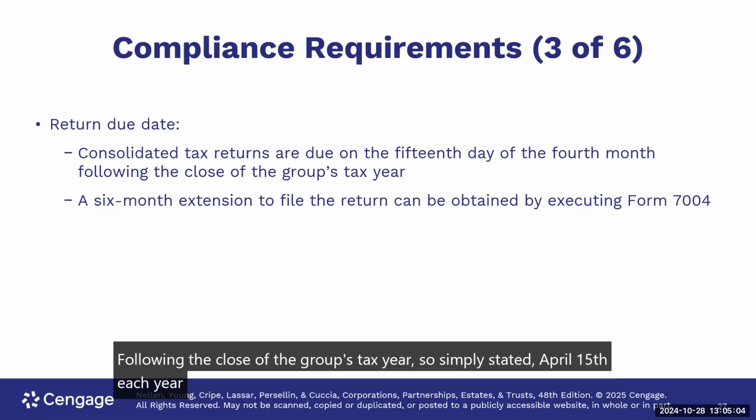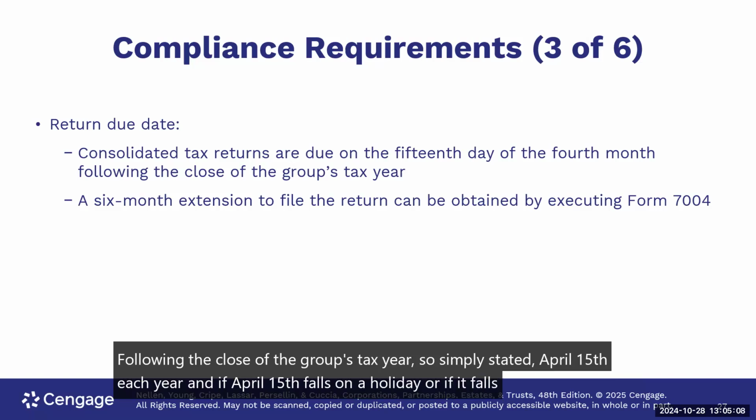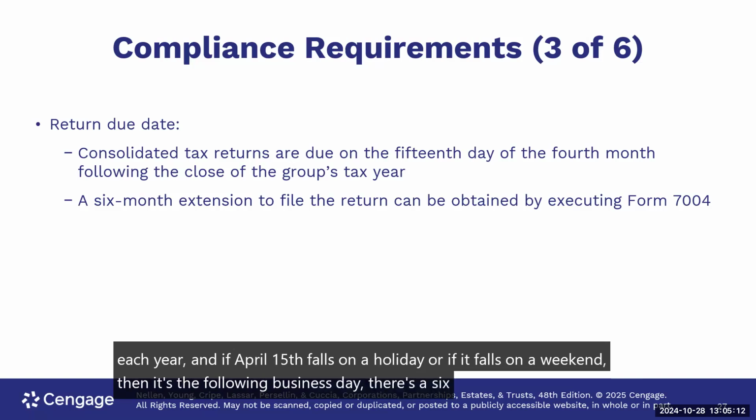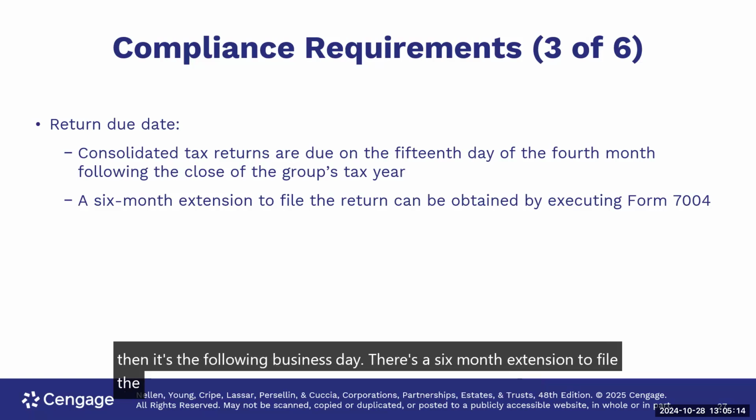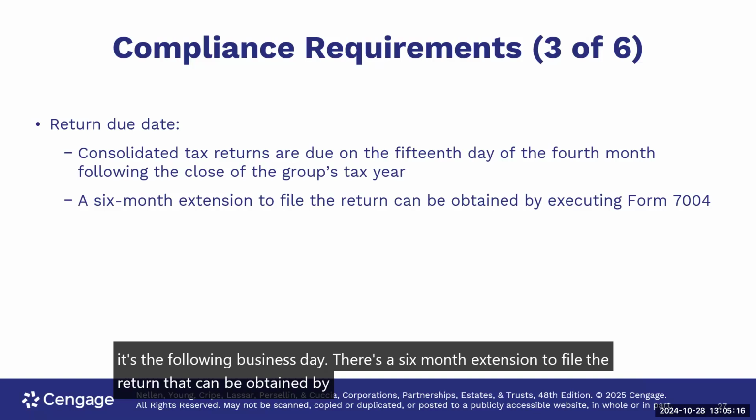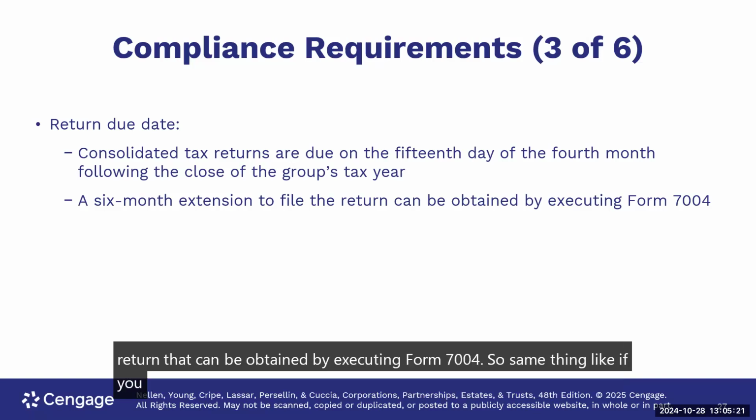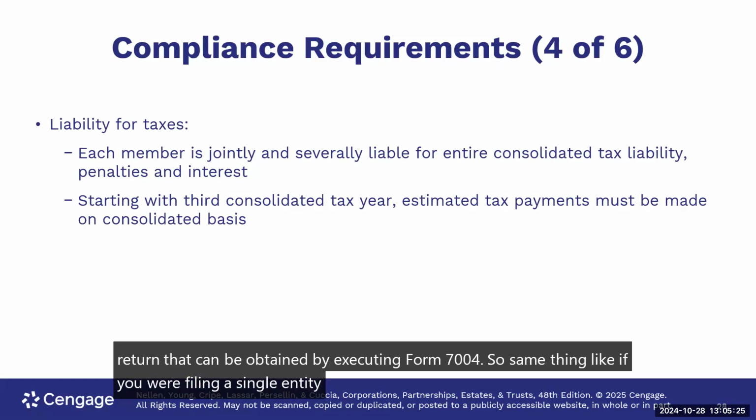If April 15th falls on a holiday or a weekend, then it's the following business day. There's a 6-month extension to file the return that can be obtained by executing Form 7004, same as if you were filing a single entity tax return.